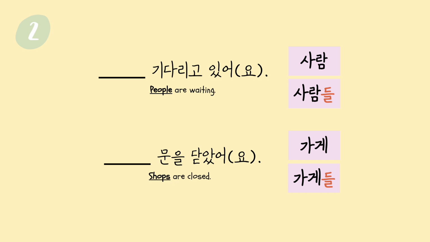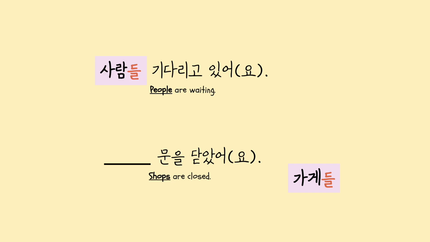The answer is 사람들, 가게들. When there is no clue in the context, sentences without 들 usually mean just one. That's why you should mention 들. 사람들 기다리고 있어. 가게들 문을 닫았어.